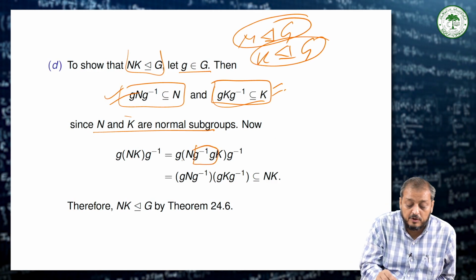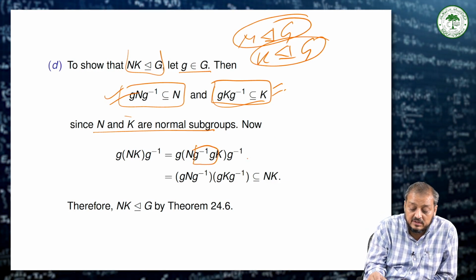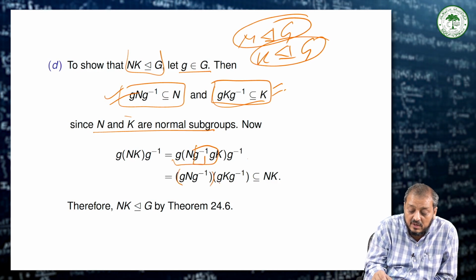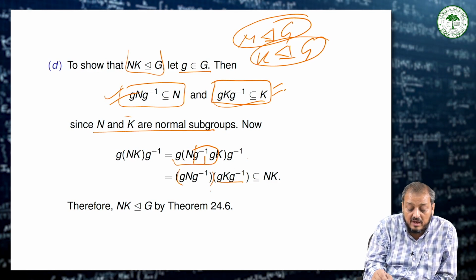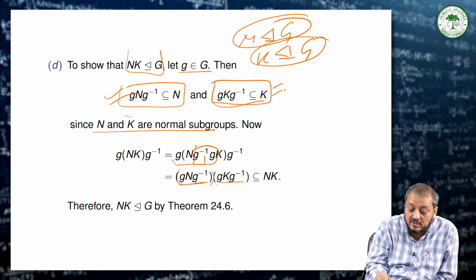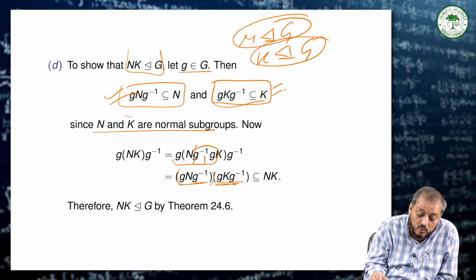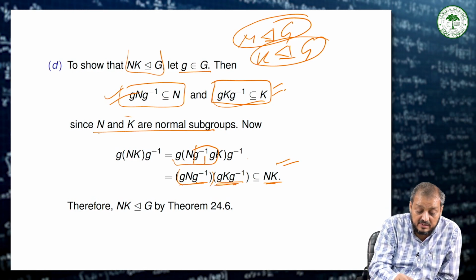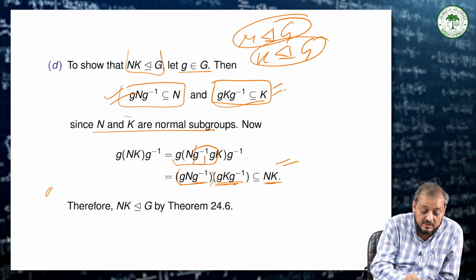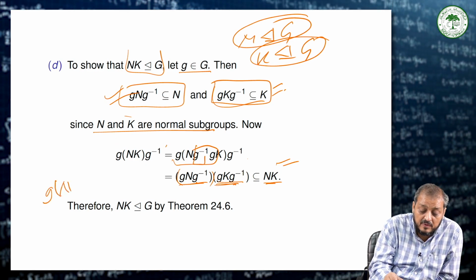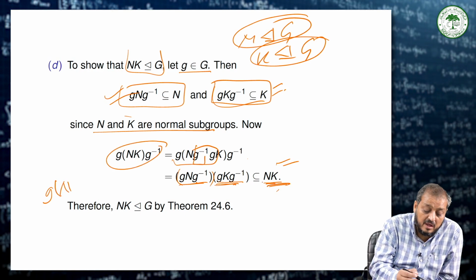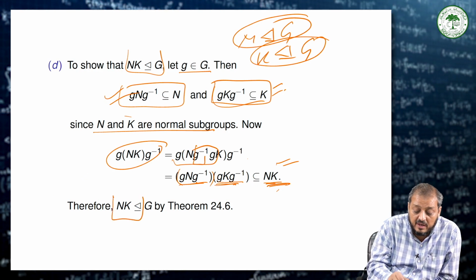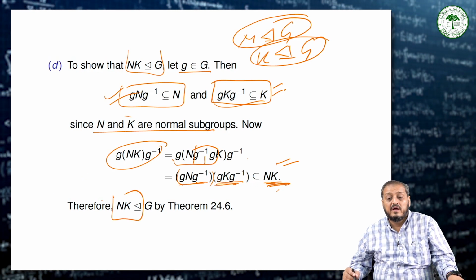So this is g n g inverse g k g inverse, and now we apply associativity. This is an element of N, this is an element of K, this means the whole is an element of Nk, and this is a subset of Nk. Then clearly g of Nk g inverse is contained in Nk, and again by these equivalent conditions we can say that Nk is normal in G.